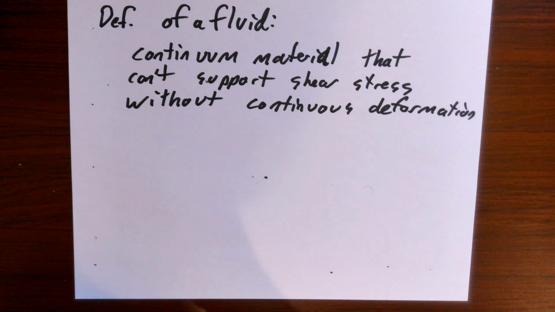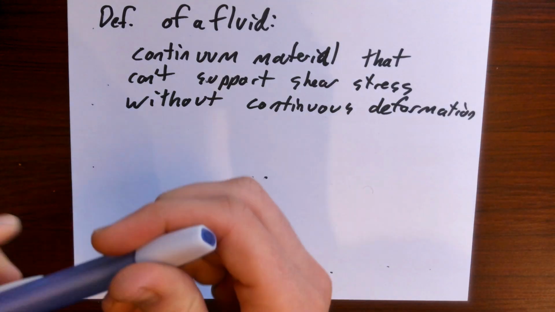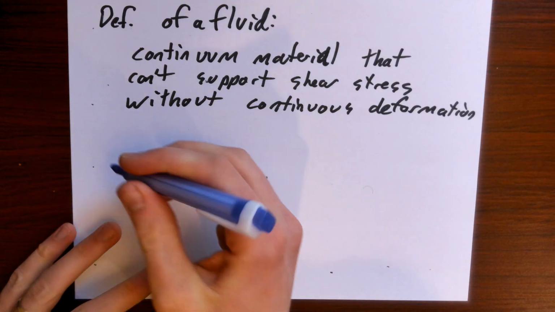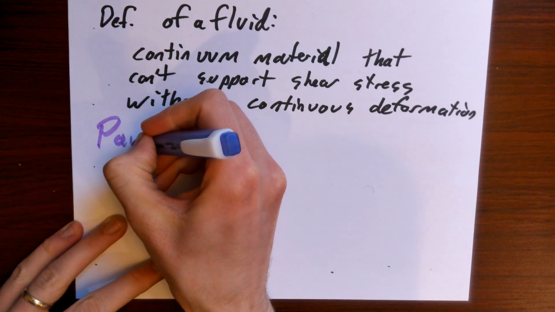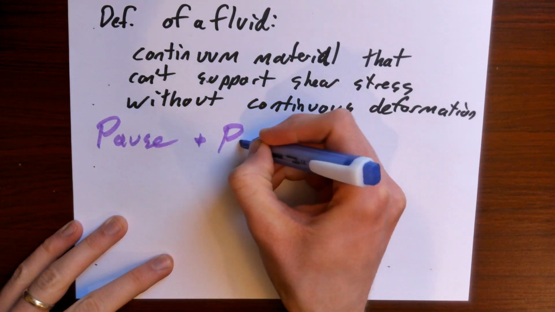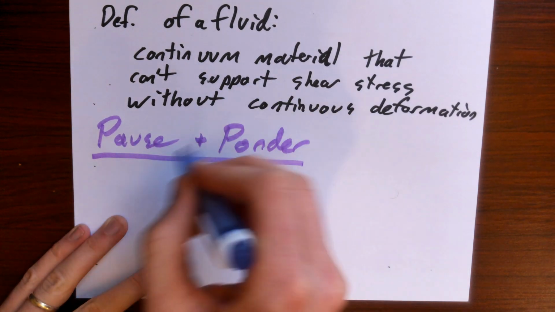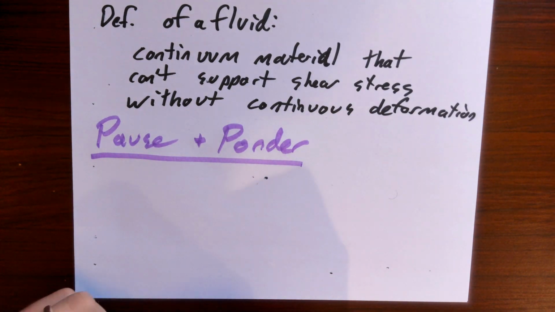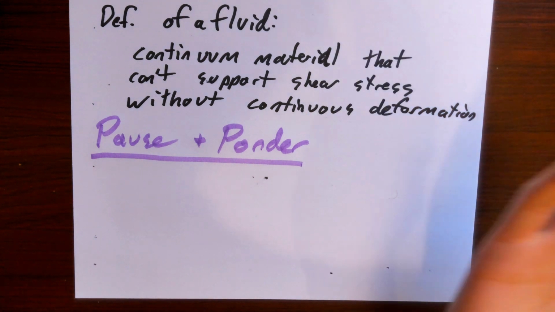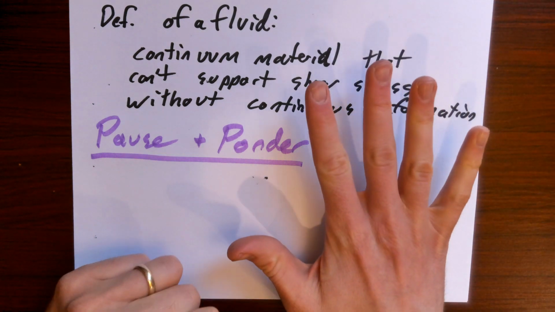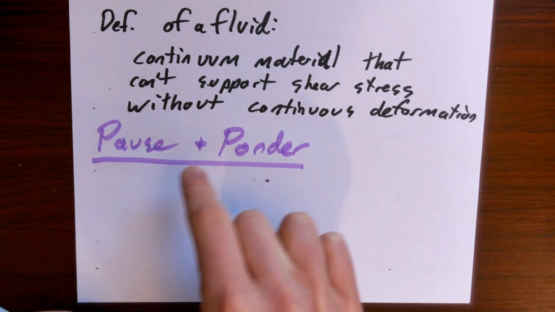All right, so now I'm going to introduce what I'll call a pause and ponder question. I'm going to use purple for all of these pause and ponder questions. I know it's a video, you could just keep watching and get the answer, but I want you to actually pause and actually ponder.